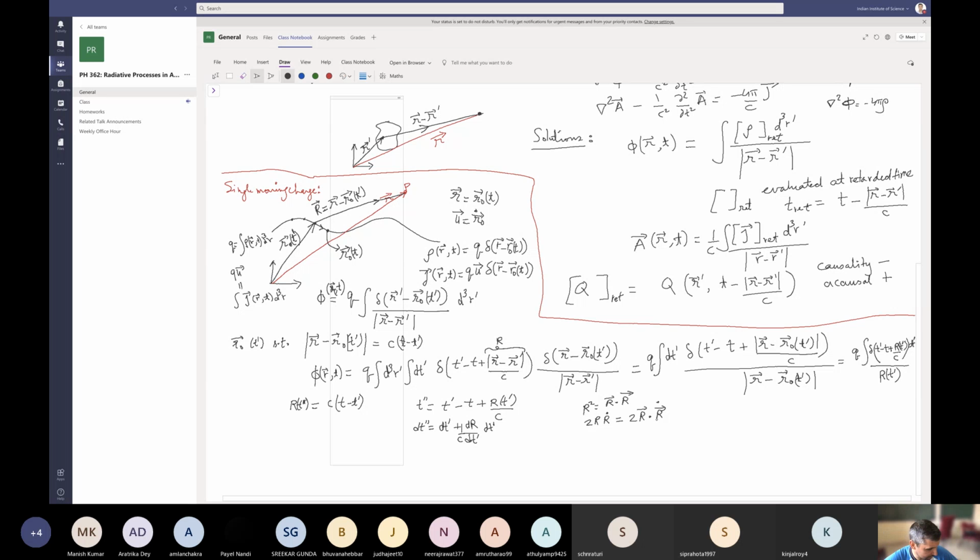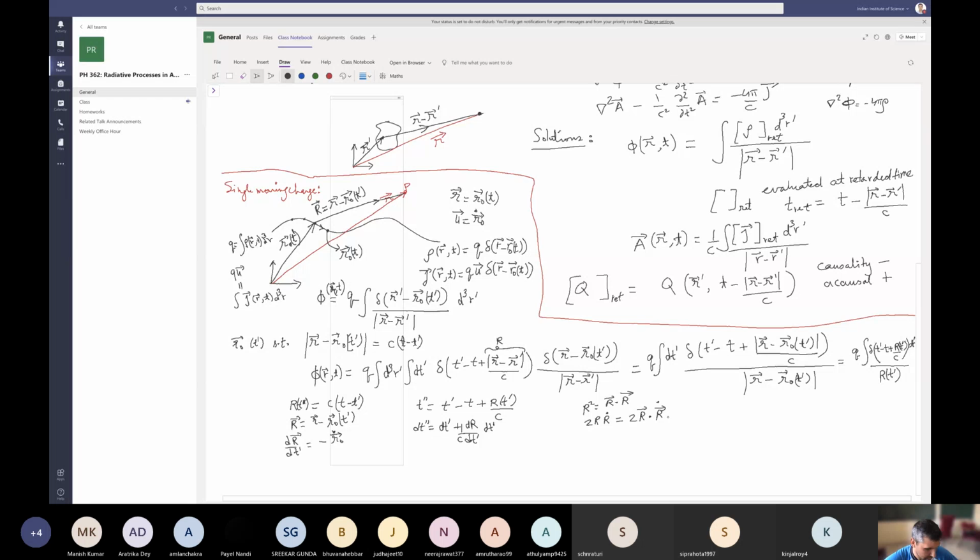And what is capital R dot? What is capital R dot? So recall, capital R is r minus r naught t prime. So dr dt prime is equal to minus r naught dot, evaluated at t prime.